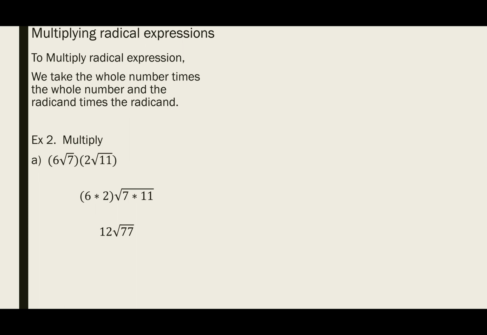Okay, so again, in short, this is all we have, right? If we have 3 square root of 2 times 4 square root of 3 minus 7 square root of 13. Reminder: inside here, you cannot subtract this item, right? 4 square root of 3 minus 7 square root of 13.